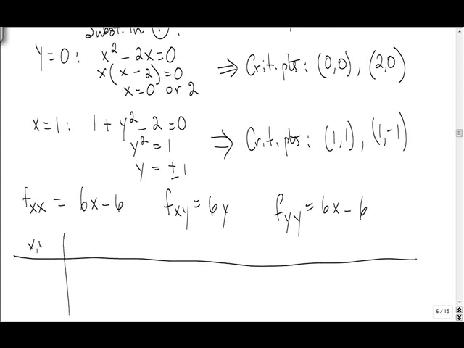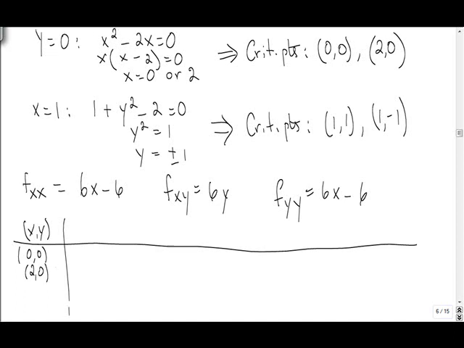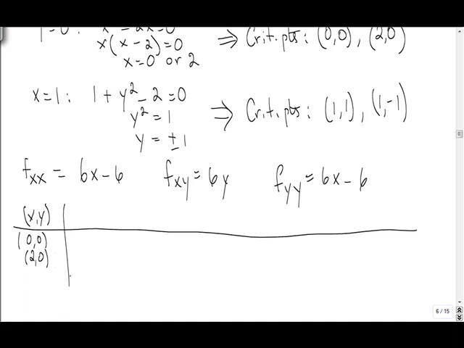So you have the points here. We have 4 points: (0, 0), (2, 0), (1, 1), (1, negative 1).